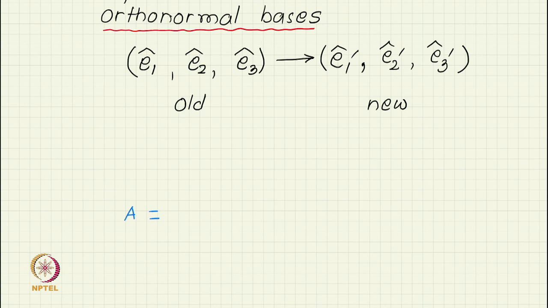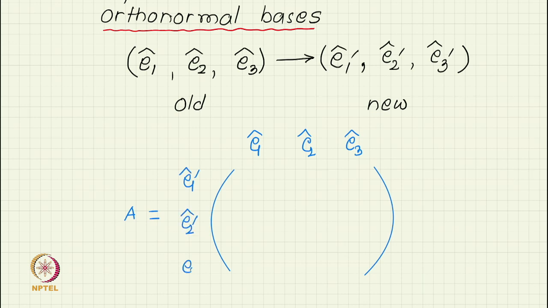So, in this case, using the general procedure which we had developed, we can again write the old basis vectors on top. So, E 1 cap, E 2 cap and E 3 cap come on the top, and I express the components of E 1 in the new basis E 1 prime, E 2 prime and E 3 prime as the first column.